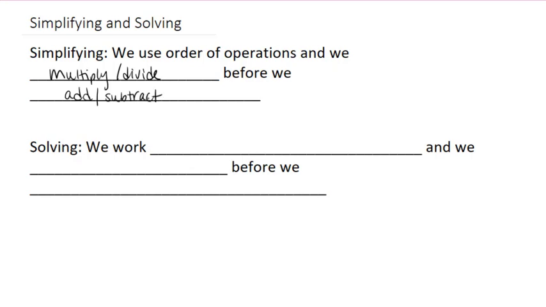But when we're solving, we work backwards, and we add and subtract before we multiply and divide. So let's look back at our example to see how we solve this.